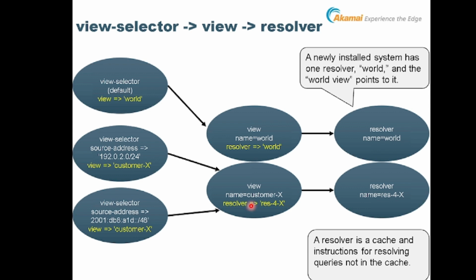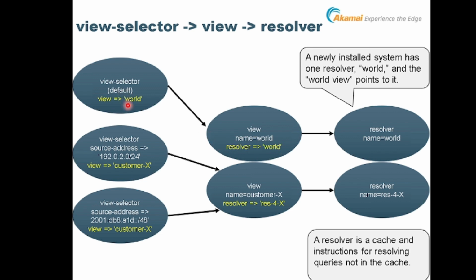Maybe return a synthesized answer, or return an NX domain, or something like that. So it can have a specific policy. So that's why these views are here, rather than collapsing the sort of view.